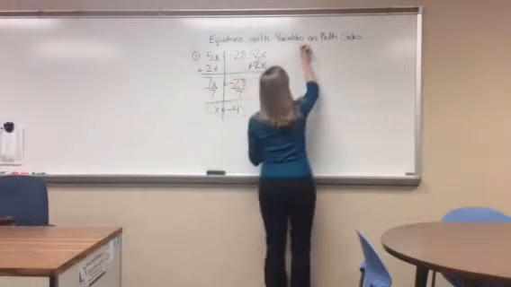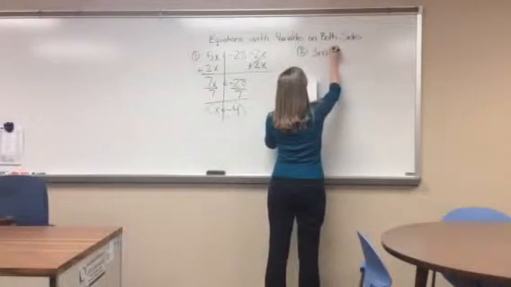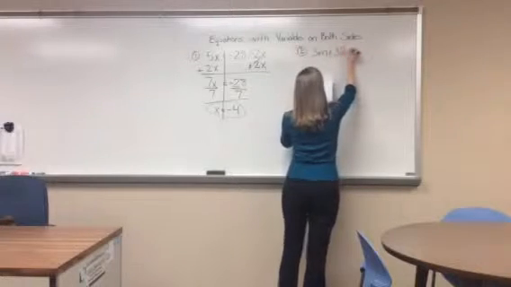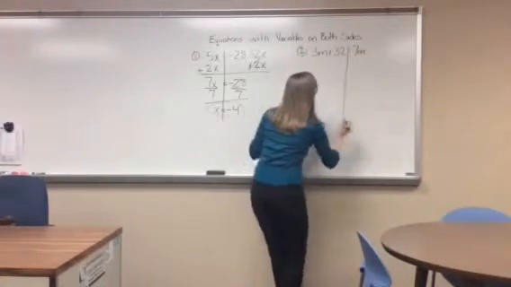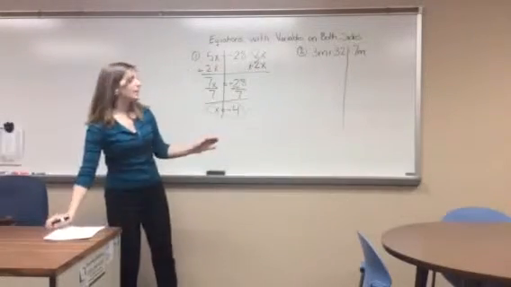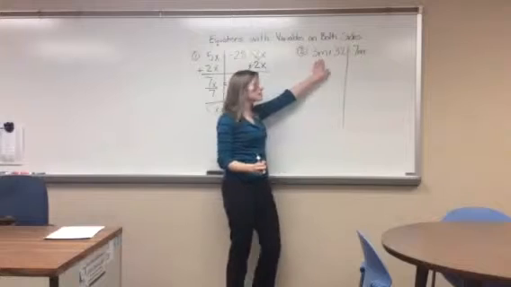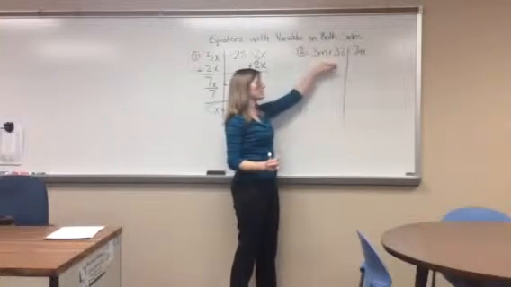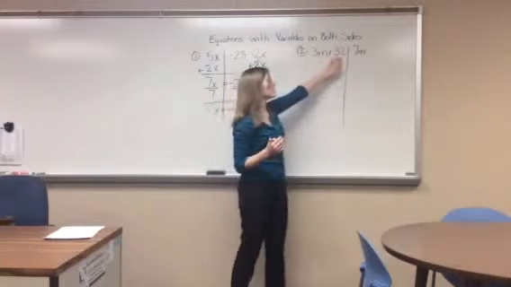Number 2, we have 3m plus 32 equals 7m, not by itself. So this time, the 3m is with the 32 on the left-hand side. The 3m is what we need to cancel because it's not alone.